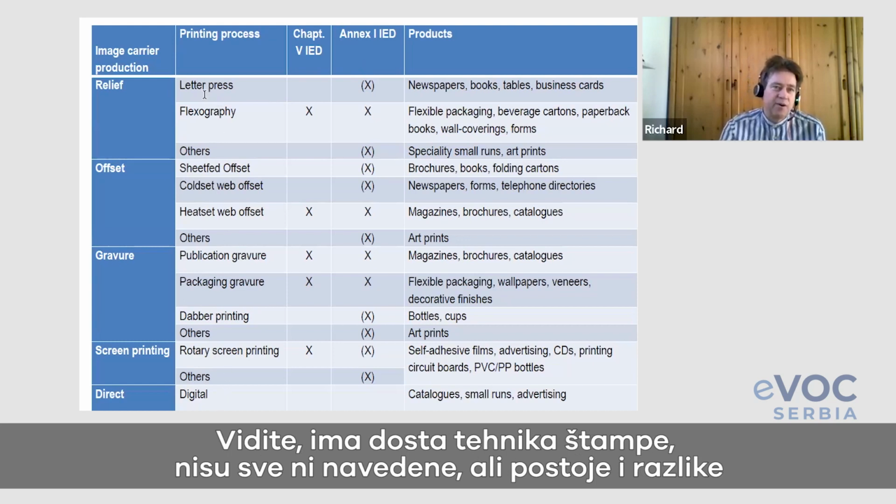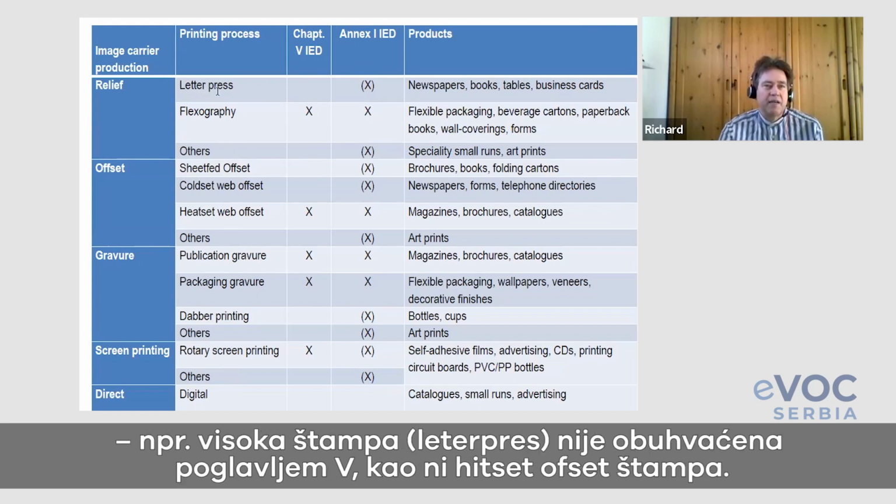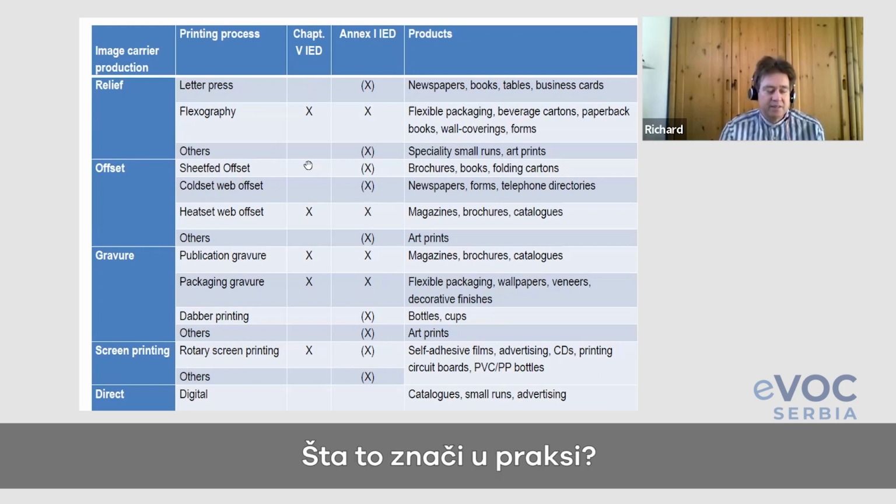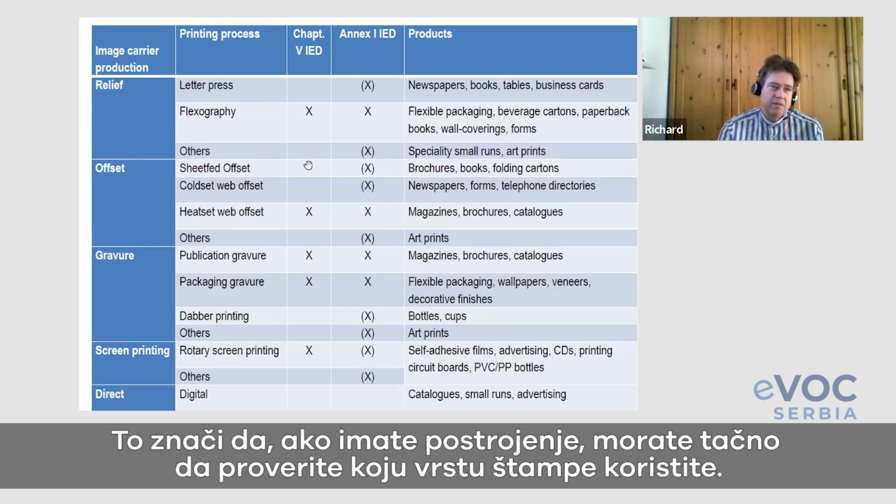So you see there are a lot of printing techniques. Of course, not all techniques are listed here, but you see there are differences. For example, letterpress is not under the scope of chapter 5, and sheet-fed offset is not under the scope either. What does it mean in practice? In practice, that means if you have an installation, you have to check exactly what type of printing you are using.